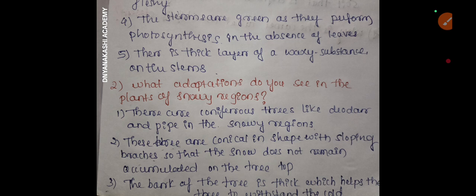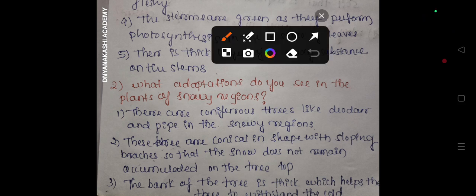What adaptation do you see in the plants of the snowy region? A question also arises like this: write the characteristics of snowy region plants. There are coniferous trees like deodar and pine in the snowy region.